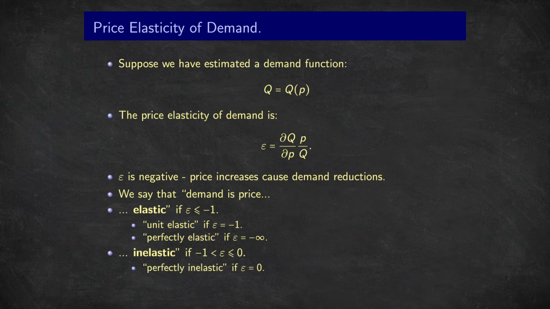Some other commonly used terms in the kind of elastic camp are unit elastic, which refers to the case where epsilon is precisely equal to -1, and also a term called perfectly elastic, which is where epsilon is -infinity, which is clearly a limiting case. It's not perfectly realistic, but it turns out to be useful in certain circumstances.